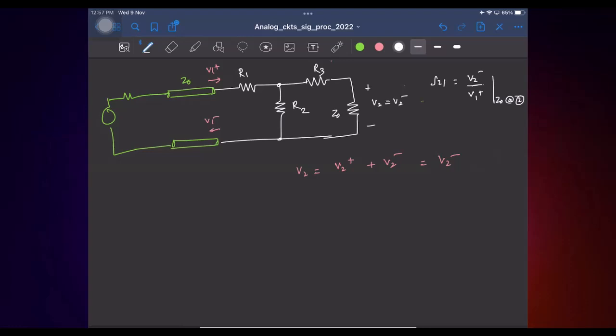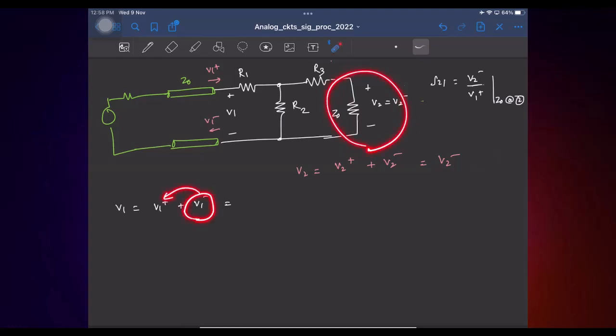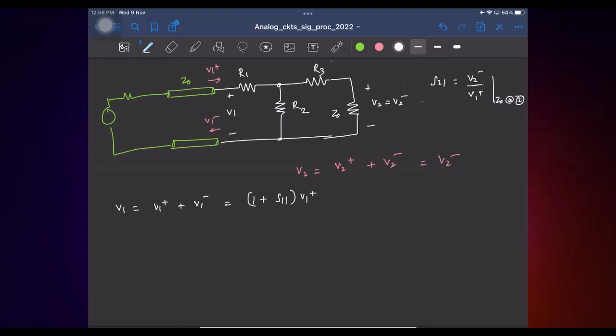Again, let us say this voltage is V1. What is V1? It is V1 plus V1 minus. I know the relation between V1 minus and V1 plus, that is S11. For the same network where port 2 was terminated with Z0, I know the relation between V1 minus and V1 plus, so I can simply use it. So this is basically 1 plus S11 times V1 plus. If this voltage is V1, what is V2?